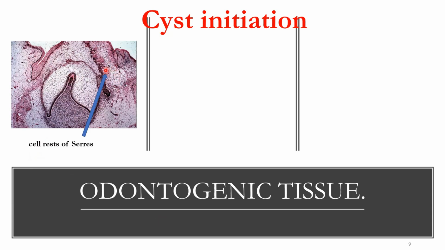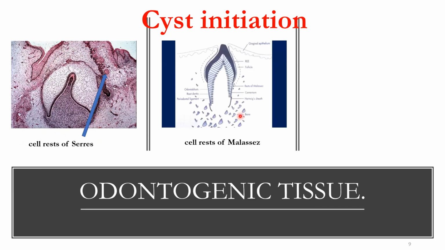Okay, so this forms clumps of cells which are seen especially within the periodontium and other soft tissue within the oral cavity. So these remnants of dental lamina are called cell rests of Serre. The other cell rests which we know of are cell rests of Malassez.